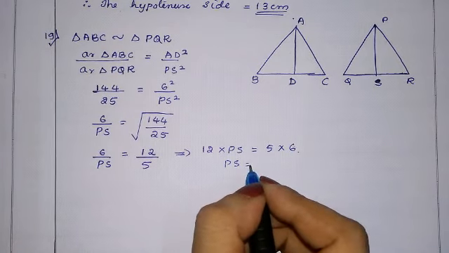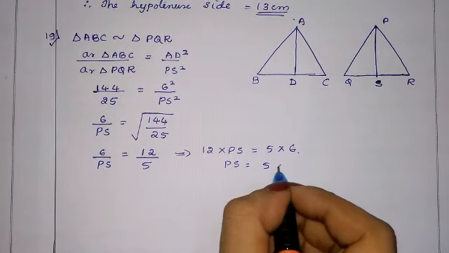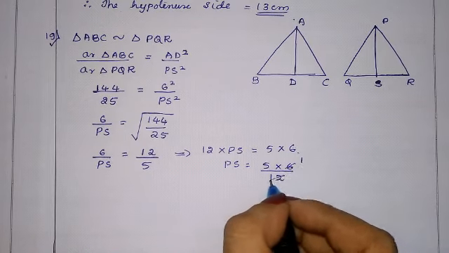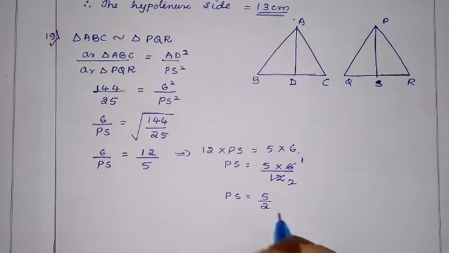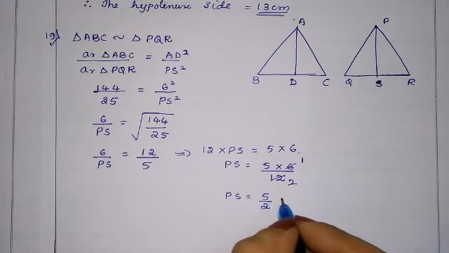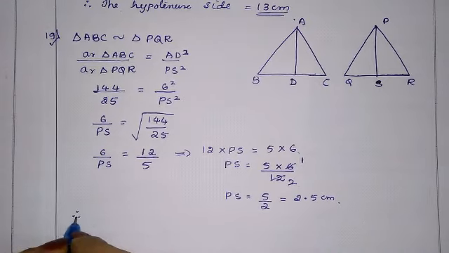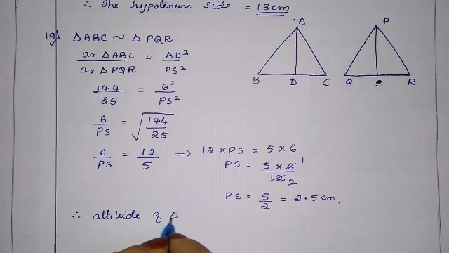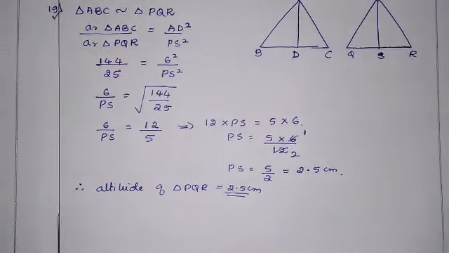PS is equal to 5 into 6 by 12. 6 ones are 6, 6 twos are 12. So PS is equal to 5 by 2, which is 2.5 centimeter. Therefore, the altitude of triangle PQR is 2.5 centimeter. Okay, so we got this answer.